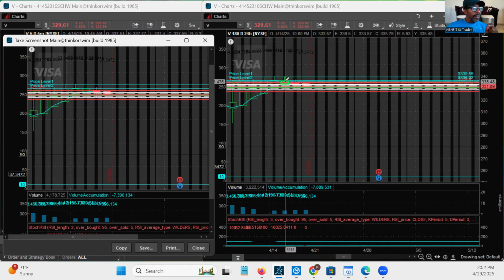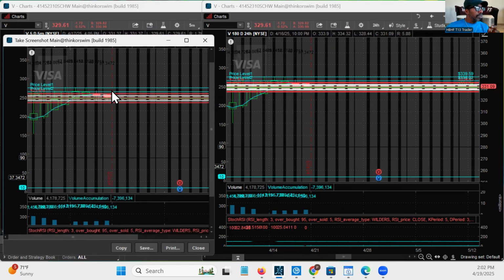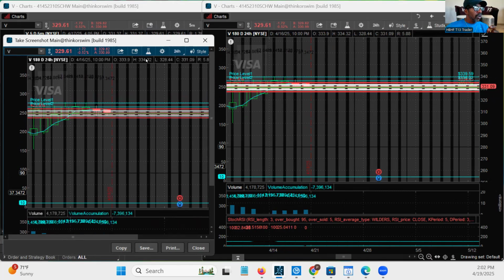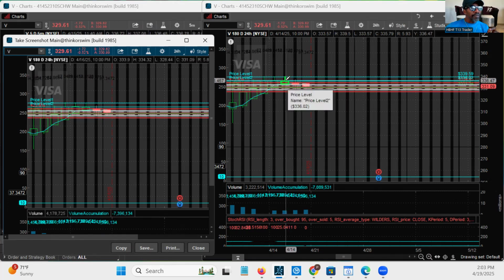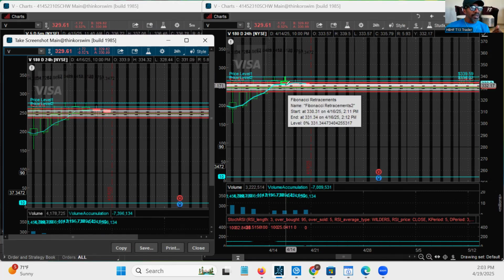And if Visa opens above yesterday's close, which was 335, with a high of 339 and the low was 333.